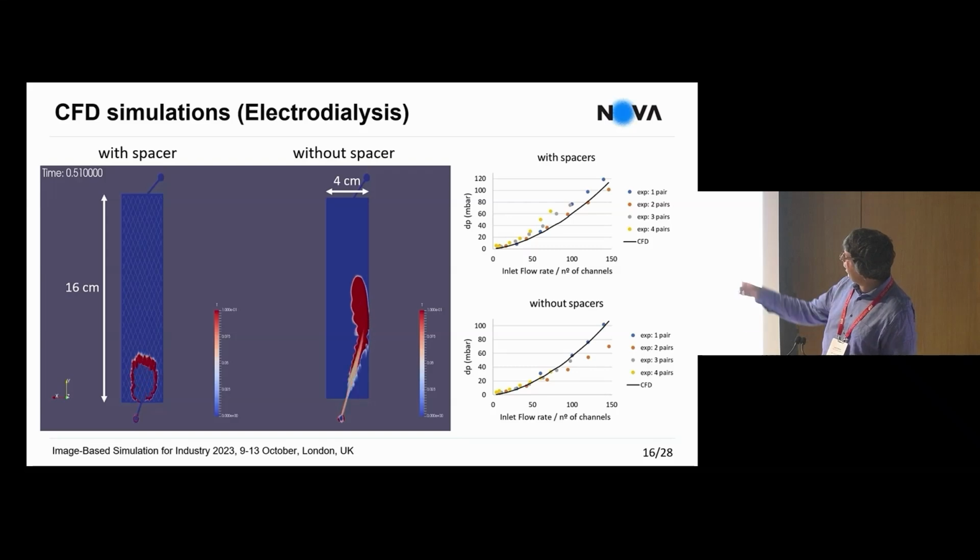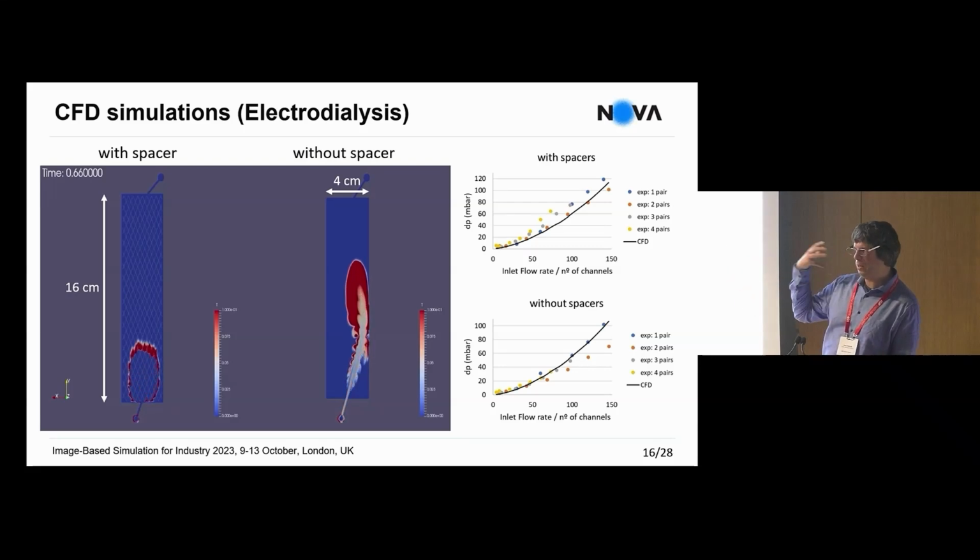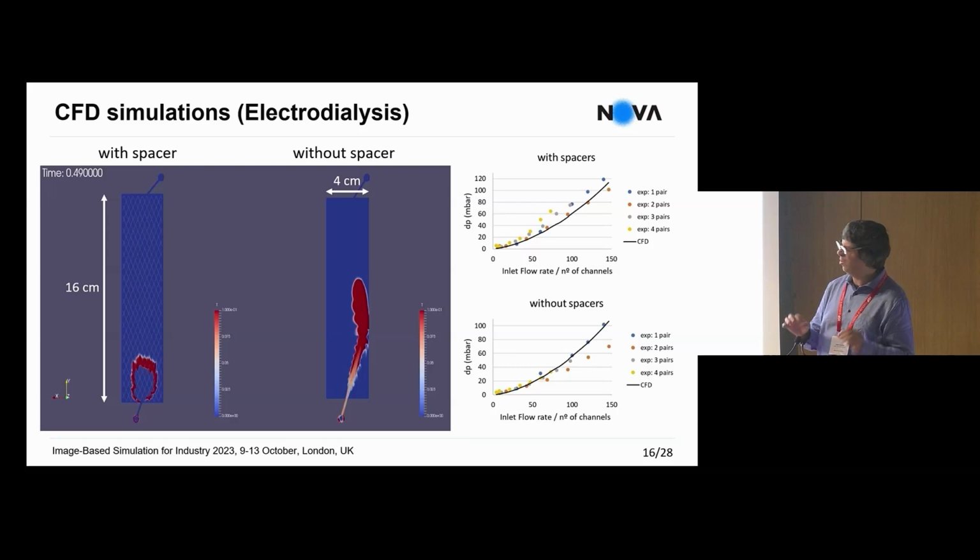So on the left, you can see a channel with spacer. On the right, it's a channel without spacer. Spacers are very important for membrane processes in order to promote the uniform distribution of the fluid through the channel. And we are using CFD simulations to optimize the shape and the dimensions of the spacers.